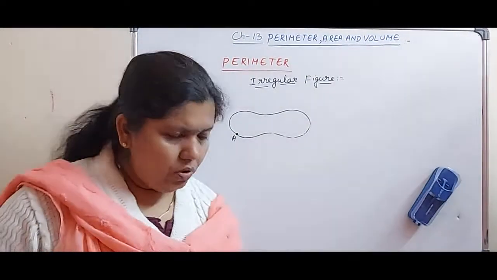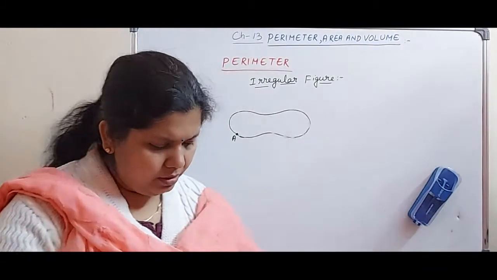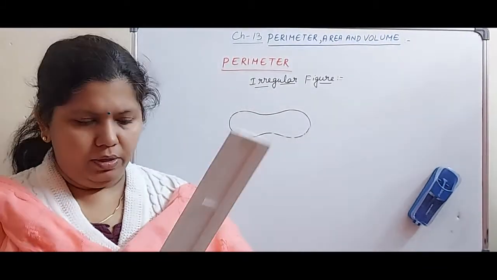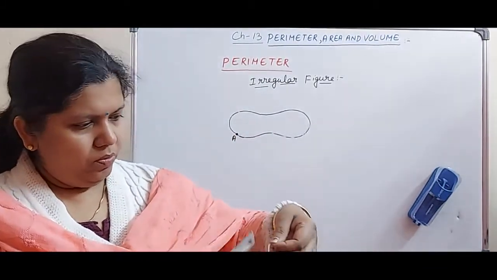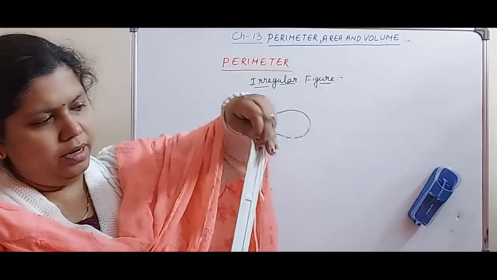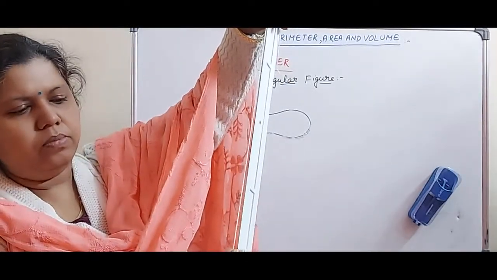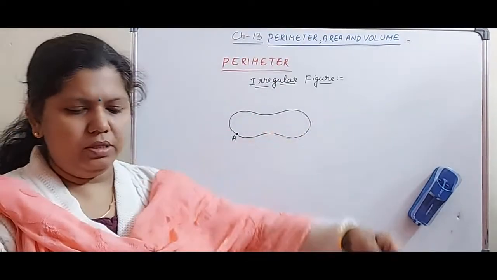Now I will use a ruler to measure the length of this wool. From here I'll put this point at 0, and then I will stretch my wool. It has come to a total of 15 here up till this.